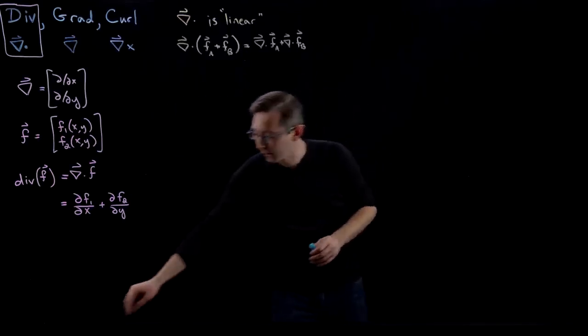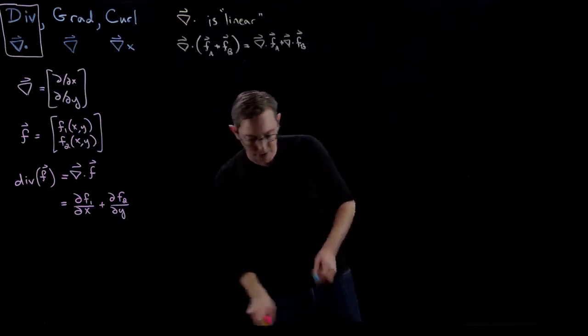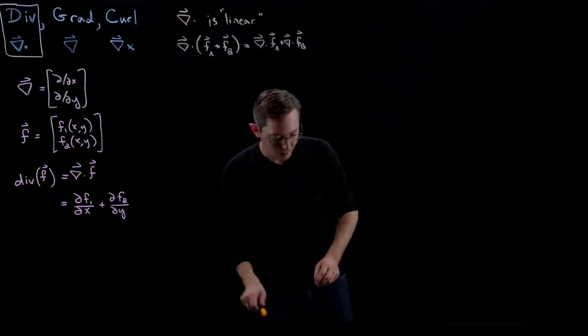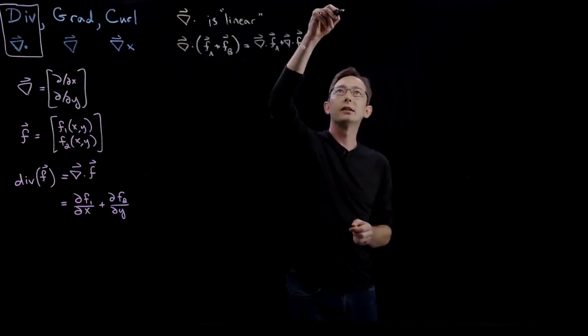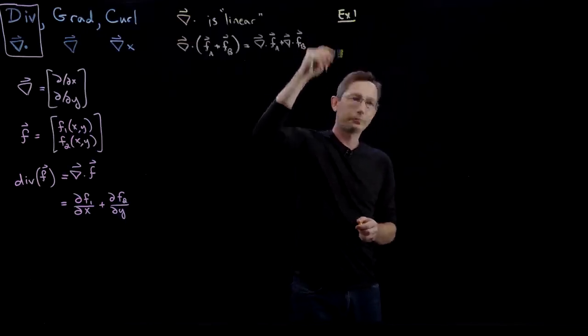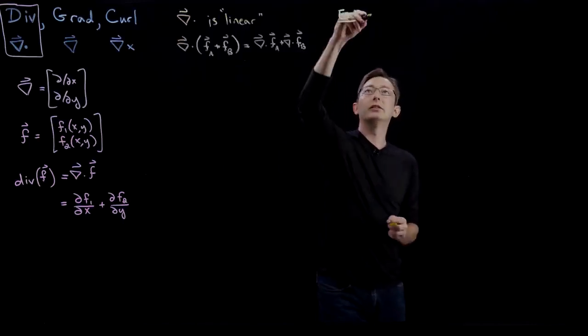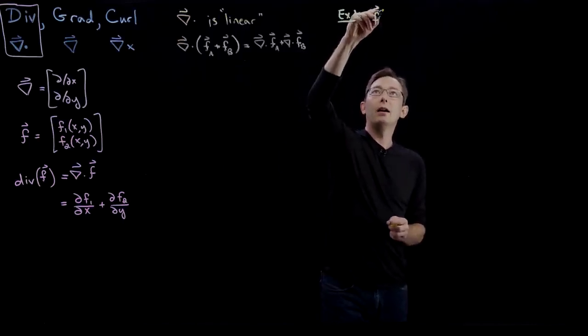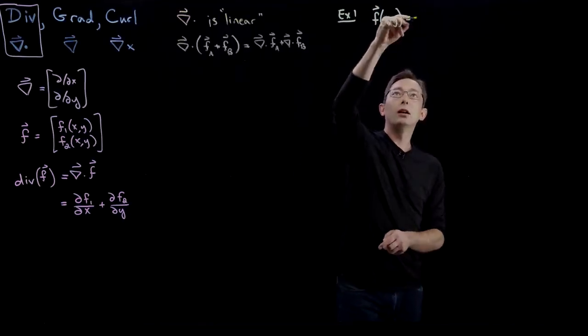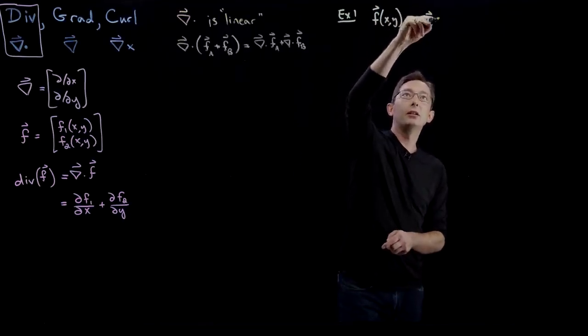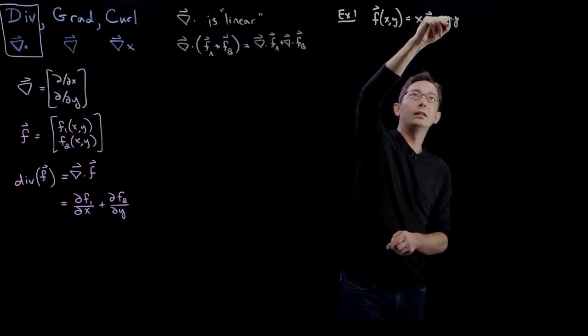And those 3 examples are pretty simple. So here's what I'm going to do. Let's write down the vector field for example 1. We're going to have our vector field f of x and y equal x in the i direction plus y in the j direction.